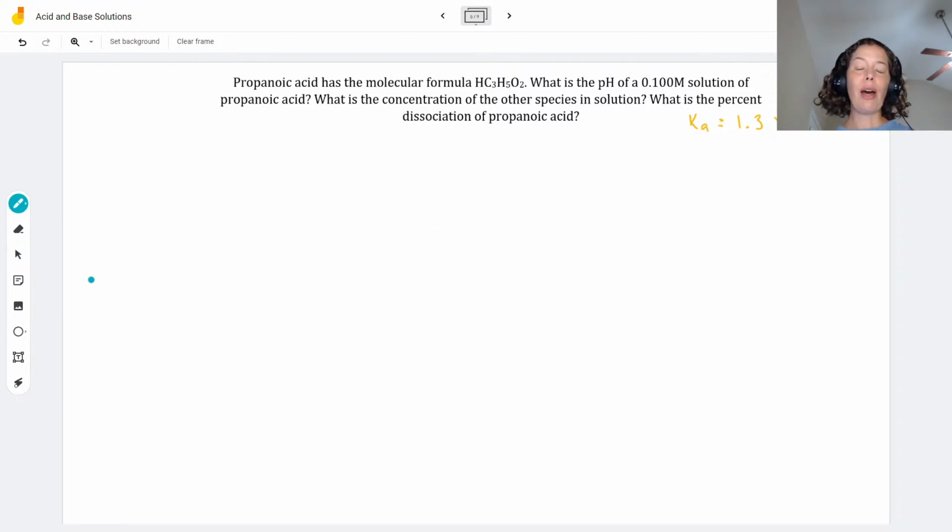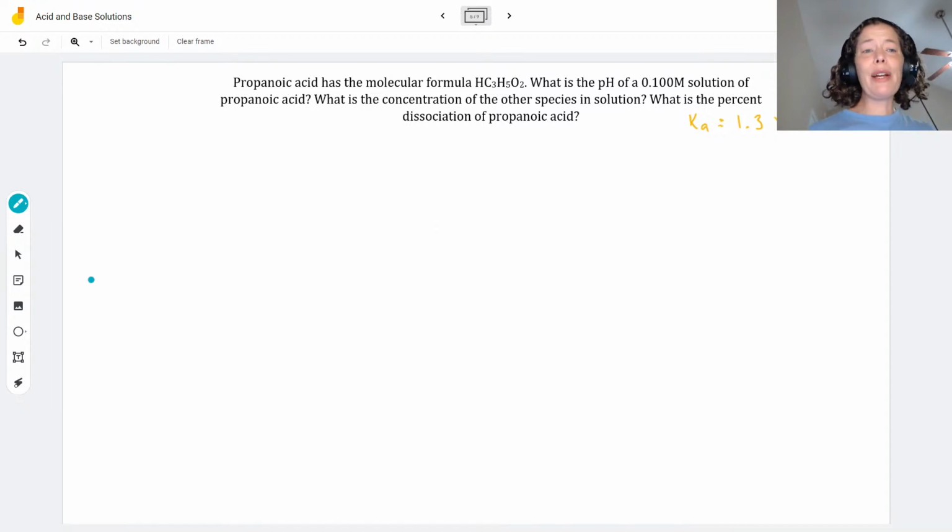So if you try to look up a Ka, say for hydrochloric acid, I think the best you're going to find is it'll just say large, which means it completely dissociates and there's no number to really put on it. So if you're ever in a bind and you're really not sure, you can attempt to look up a Ka, and if there is no Ka or it just says large, then it means it's a strong acid.